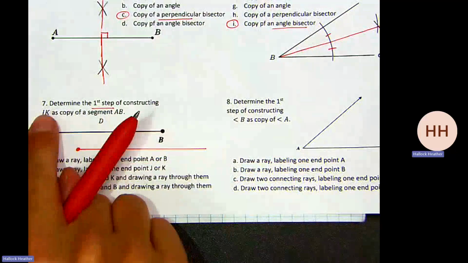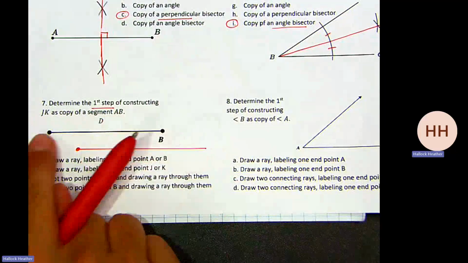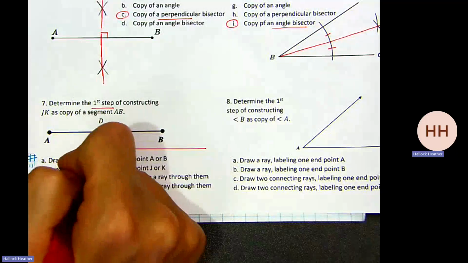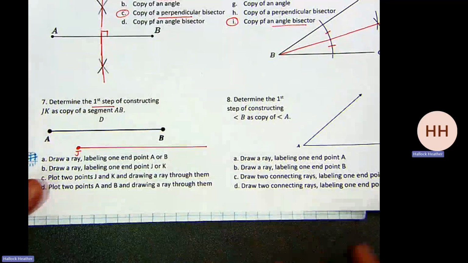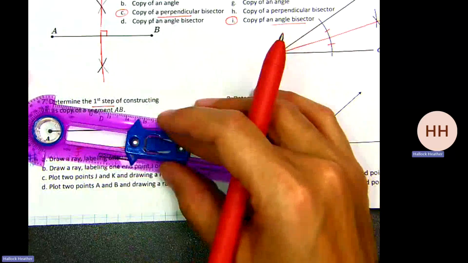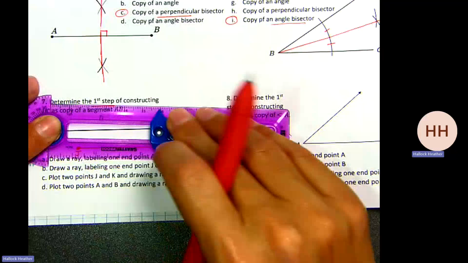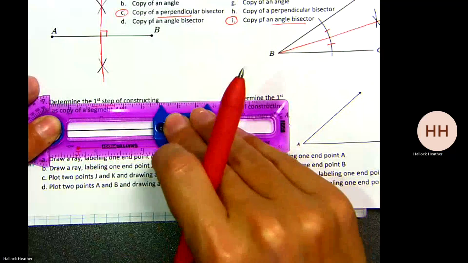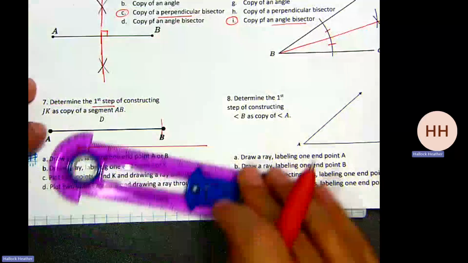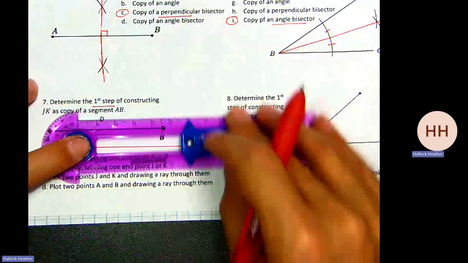Because it says constructing JK as a copy of AB, I would not call this A prime. I would use the letter that they're telling me to, which is J. Then this is when I would open up my needle to the point, and I would draw an arc mark, and then I would drag it over here and draw an arc mark.